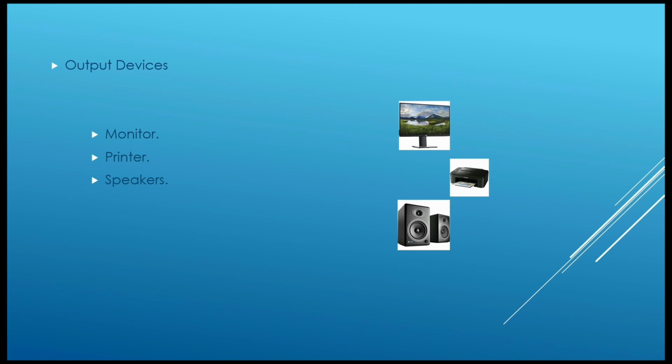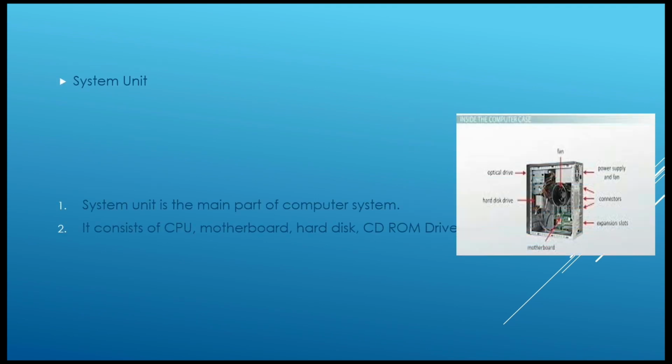So you have these three output devices, and you have the system unit. The system unit is the main part of the computer. It consists of the CPU, motherboard, hard disk, and CD-ROM. CPU is the central processing unit, where all the processing goes through. So you can see here a system unit. It is also called a computer case.